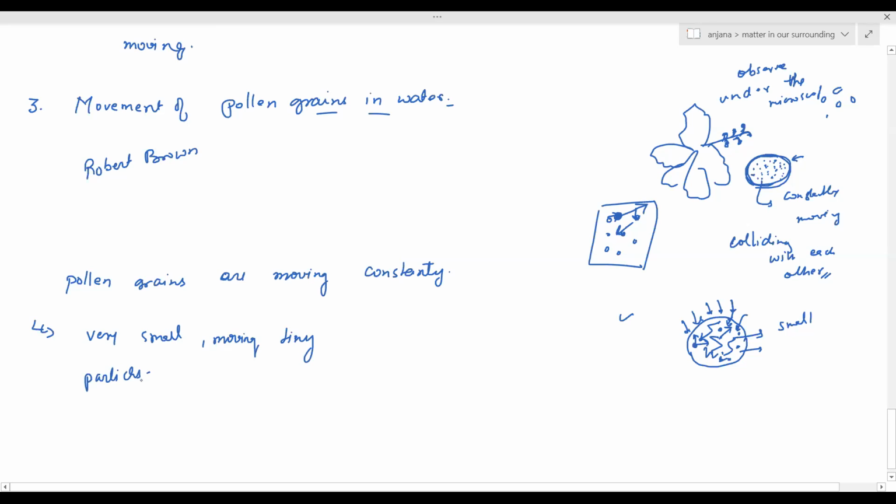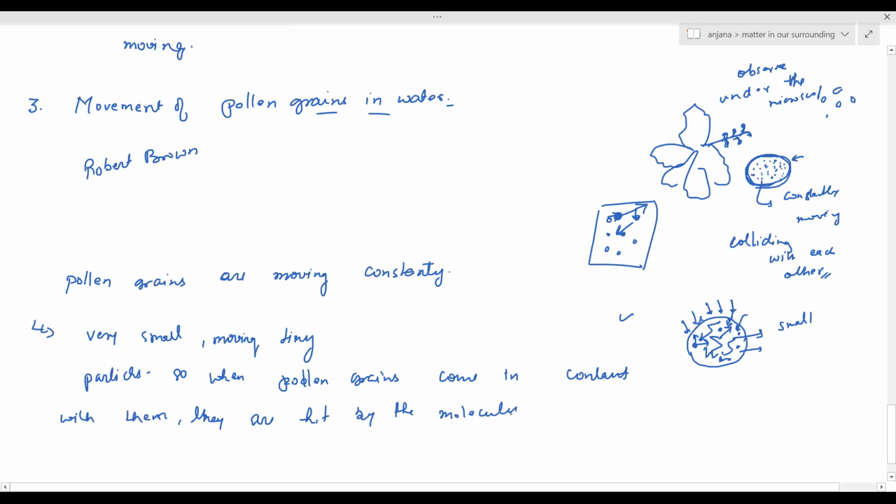So when pollen grains come in contact with them, they are hit by the molecules of water.